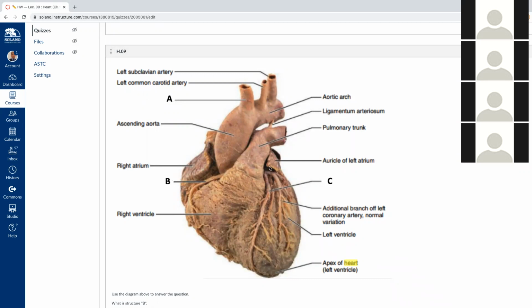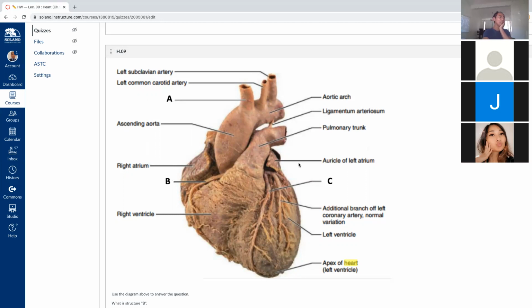And left atrium, we can only see the very small portion because it makes the most posterior surface of the heart. And the big aorta comes up from the left ventricle.